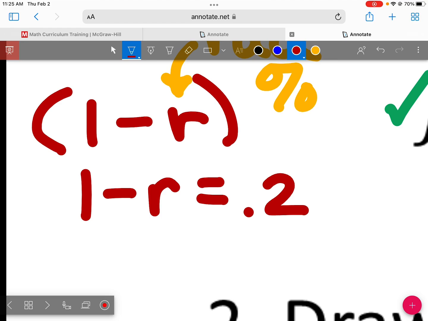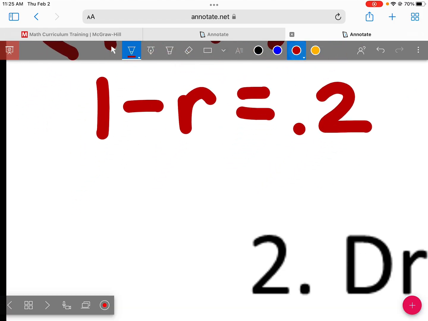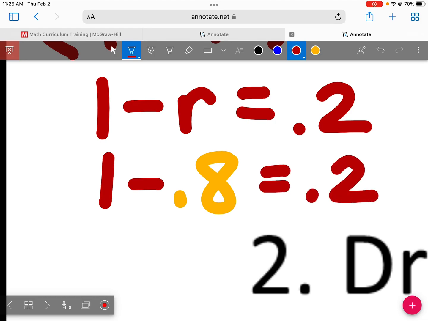So what would R have to be? 0.8. 1 minus 0.8 gives me 0.2. We're finding the percent of decay. We're going backwards. 1 minus R gave us 0.2 because that's right there. Trying to figure out what 1 minus what gives you 0.2. That'd be 0.8.